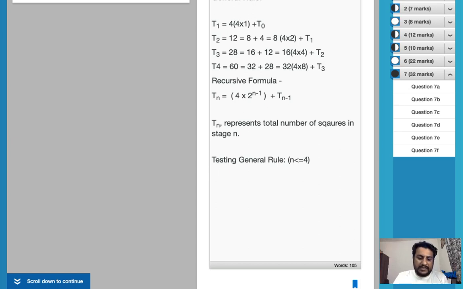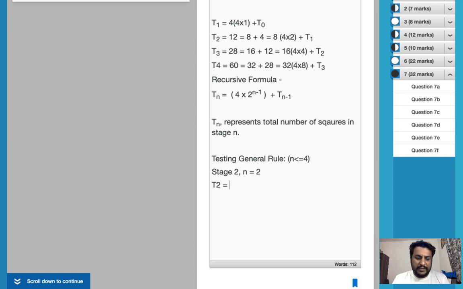Now I'll test it for stage, let's suppose 2. For stage 2, n equals 2. Now in my formula, what do I write? T2 would be 4 times 2 to the power 2 minus 1, bracket close, plus T1.